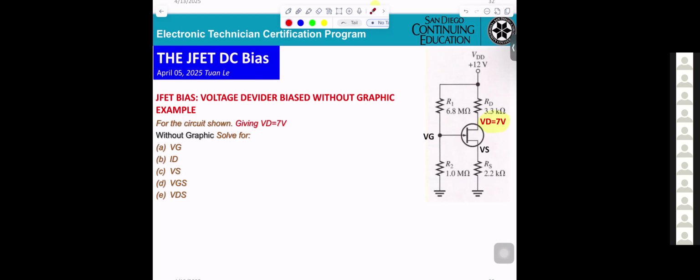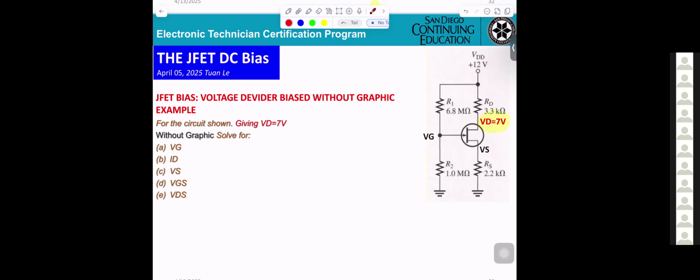Now they want to calculate the VG. You know voltage divider, you can calculate the VG. And they want to calculate the ID.